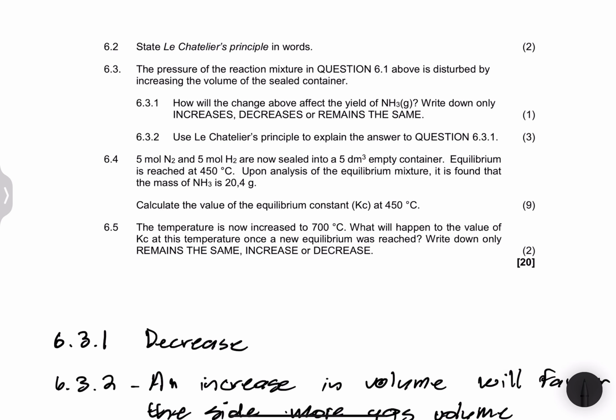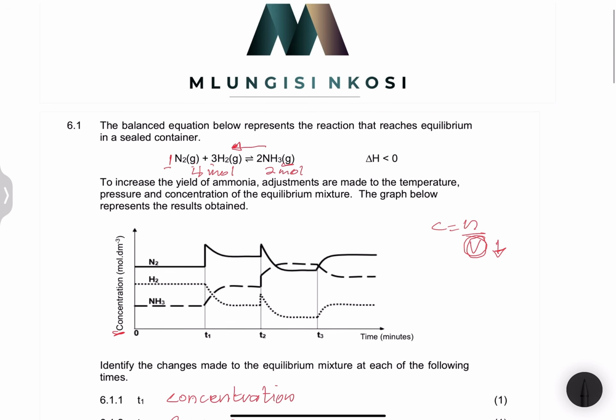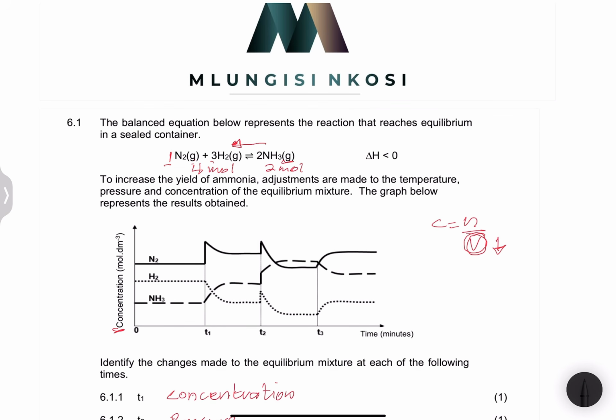All right, and of course, we're looking at the last question. They say the temperature is now increased to 700 degrees. What will happen to the value of Kc at this temperature once the new equilibrium is reached? Write down only: remain the same, increase or decrease. Now, what we need to do is look at that scenario and see what actually happened.